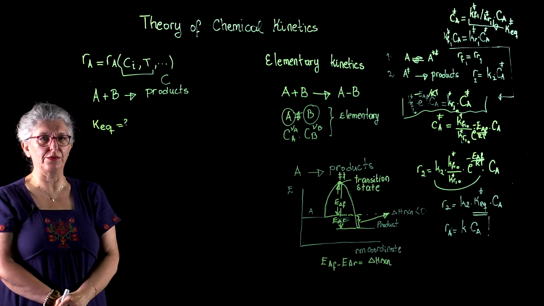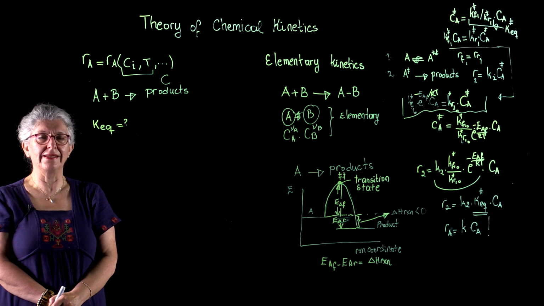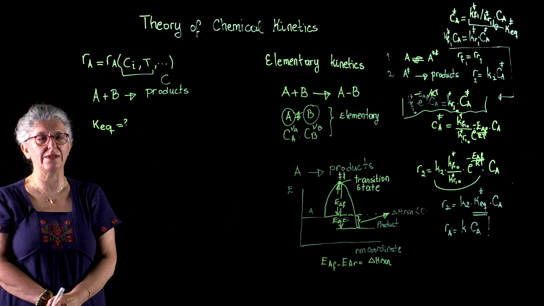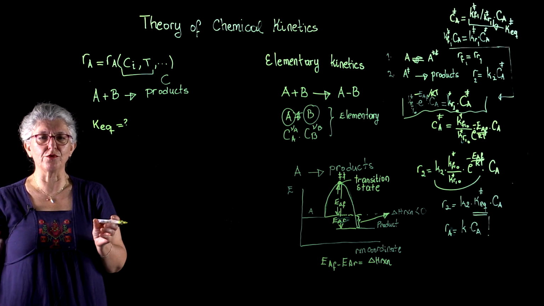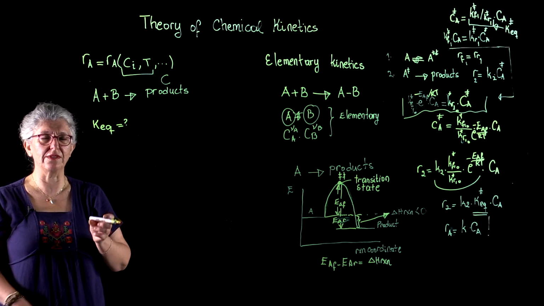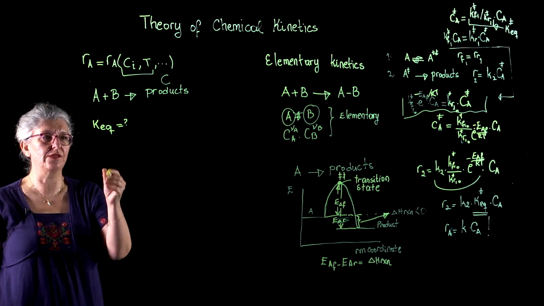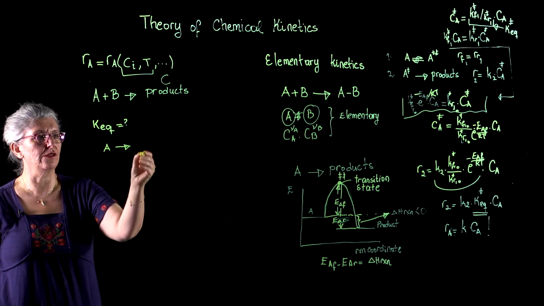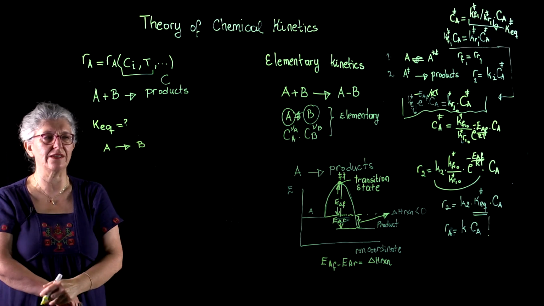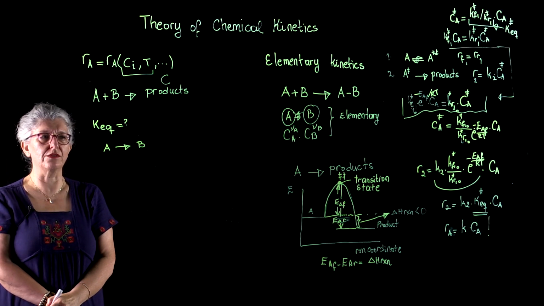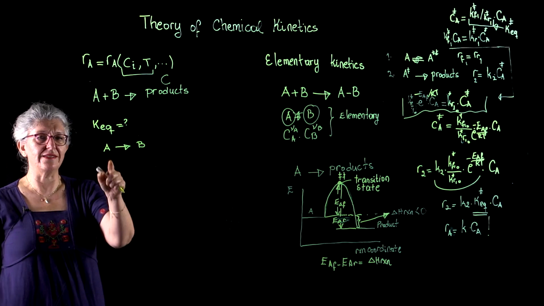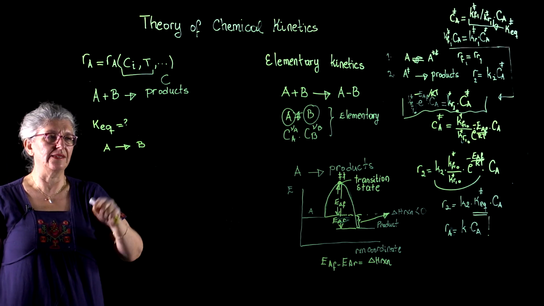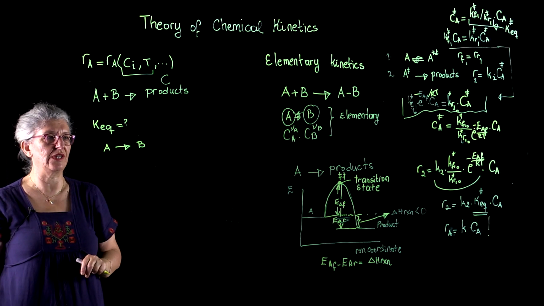The chemical equilibrium is the result of the driving force between the reactant molecules and the products. The driving force between the reactant molecules and the products drives the reaction forward. Let's say that we have a reaction of A going to B, a unimolecular isomerization reaction. There is a driving force that A wishes to be B, that the bond structure is going to change.